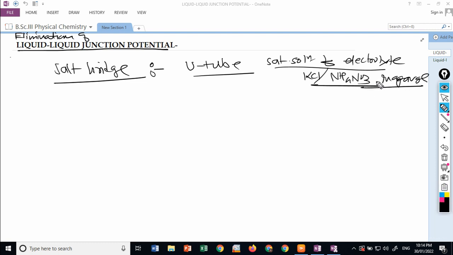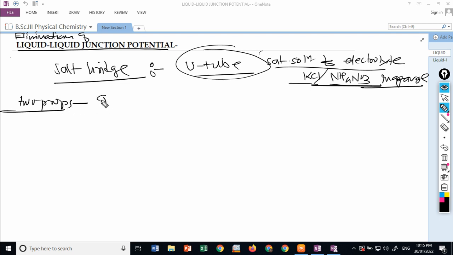Okay, so the salt bridge is a U-shaped tube which contains a saturated solution of electrolytes like KCl and NH4NO3 in agar gel. So the application of the salt bridge is based on two properties. Which are these two properties?